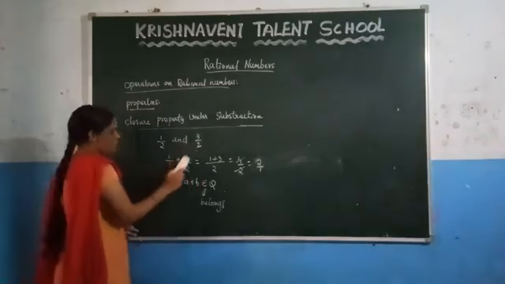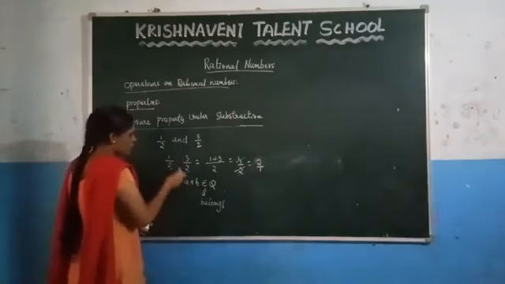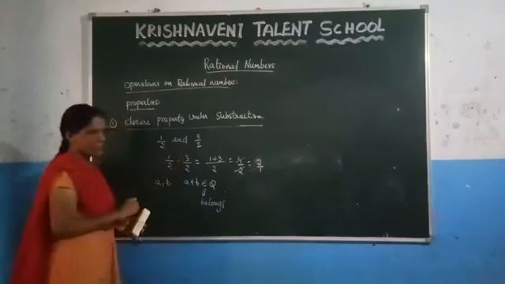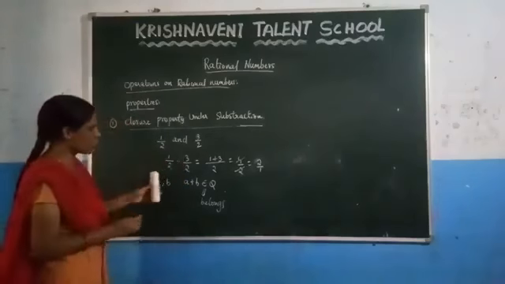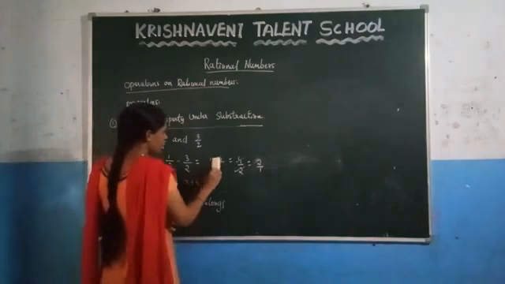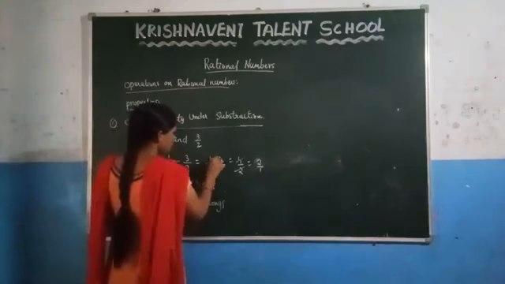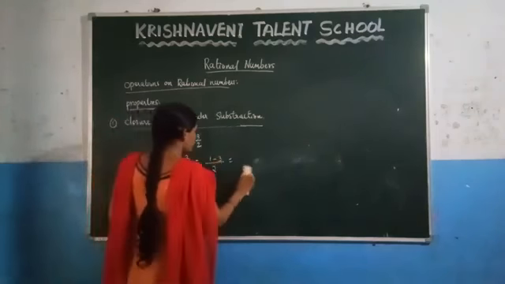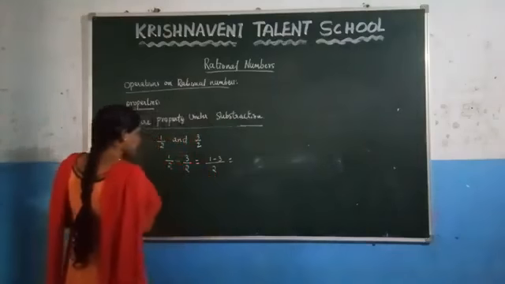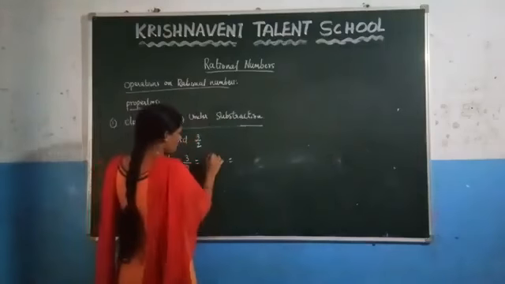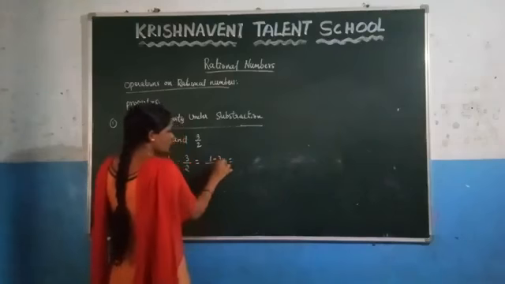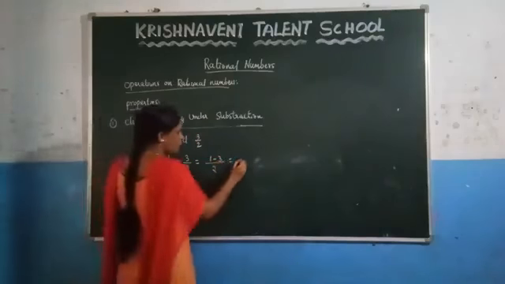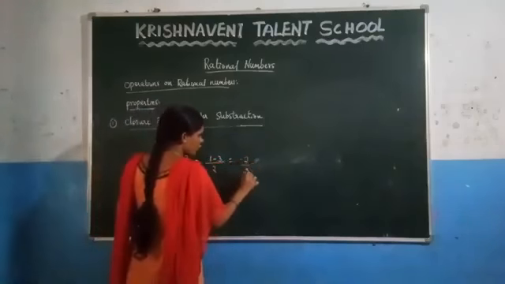Now consider these two rational numbers and subtract them. After subtracting, what will you get here? Minus 3 plus 1, here 1 minus 3 is there. So what is the value of minus 3 plus 1, which is minus 2 by 2.